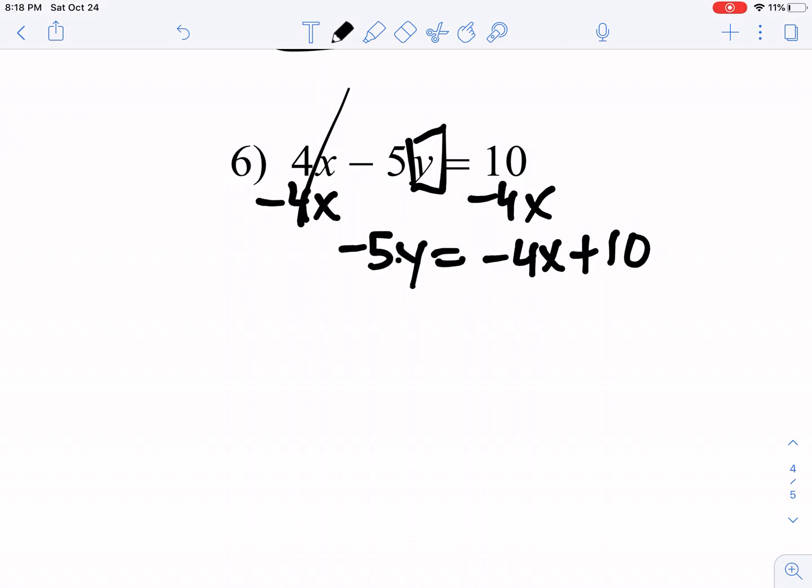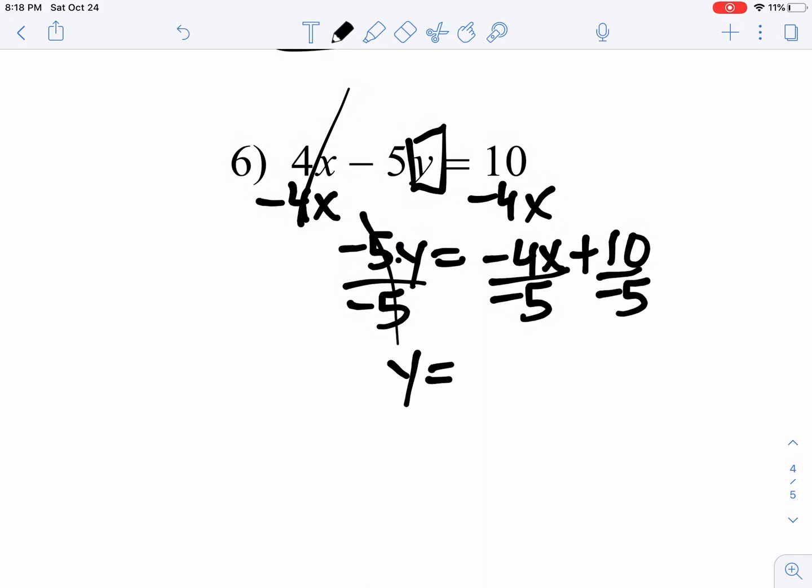How do I get rid of the negative 5? Divide both sides by negative 5. And remember, we have to divide each piece. So we get y equals, what's a negative over a negative make? A positive. Does 4 or 5 divide evenly? No. So remember, we always left it as a fraction. So this would be 4/5 x, then 10 divided by negative 5, we get negative 2.